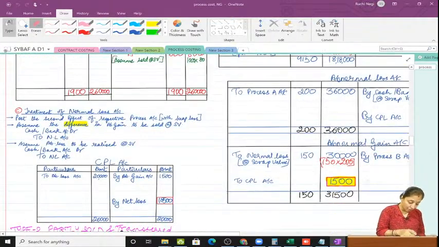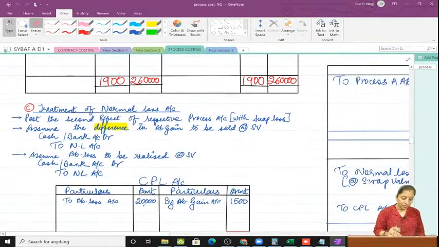This is very important from a theoretical point of view, treatment of normal loss. This is what you assume in a normal loss situation: assume the difference in abnormal gain to be sold at scrap value.